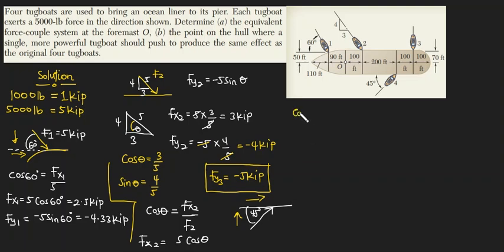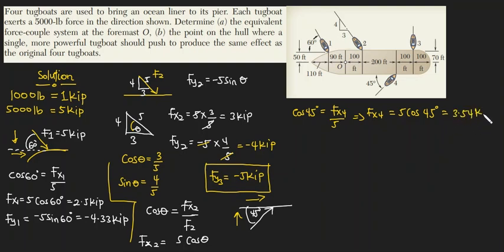Cosine of 45 degrees will be equal to the adjacent side, which is Fx4, over the hypotenuse, which will be 5. So you're going to have Fx4 equal to 5 multiplying cosine of 45 degrees. Let's see what you're going to get.